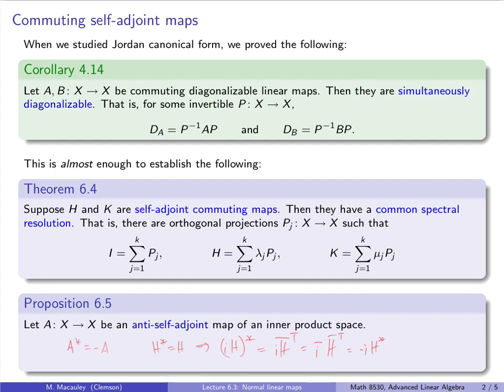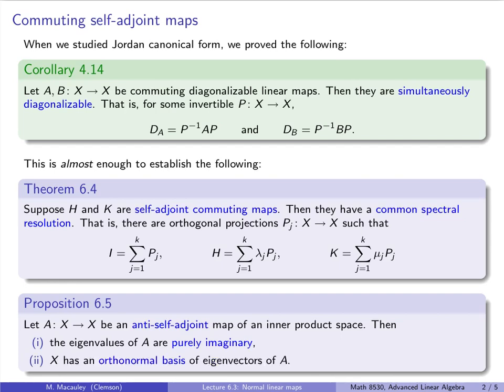This means that if A is anti-self-adjoint, it's i times a self-adjoint map, so the eigenvalues of A are purely imaginary because the eigenvalues of H are real. Similarly, X has an orthonormal basis of eigenvectors of A because multiplying by a scalar, whether it's real or imaginary, doesn't actually change the eigenvectors.